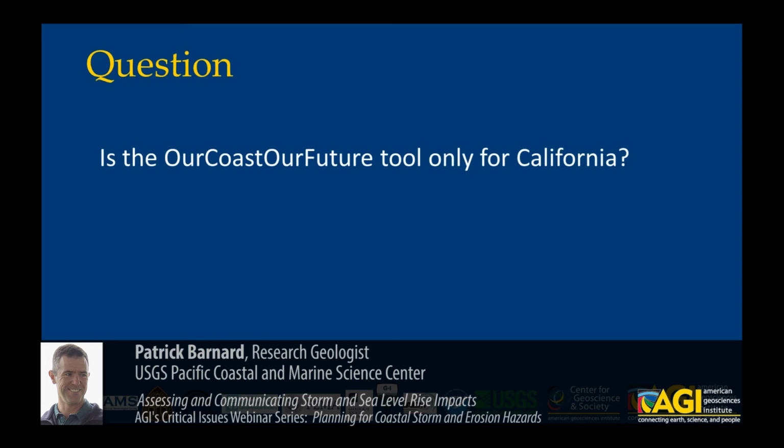But it is a flexible system that could be populated with flooding data from virtually any source. And of course you have Surging Seas and the NOAA Sea Level Rise Viewer, and those are the main national tools, but Our Coast Our Future is currently just a regional tool for California.